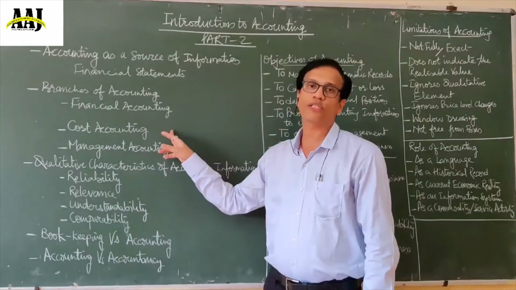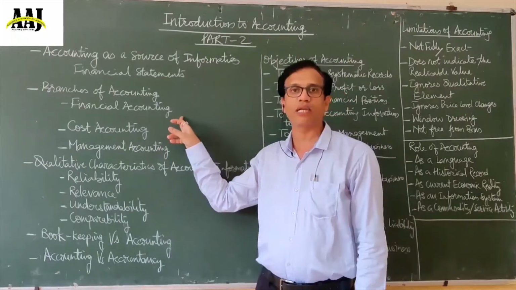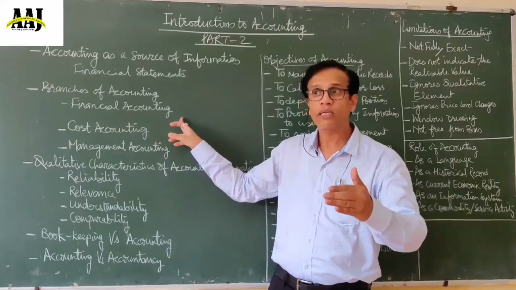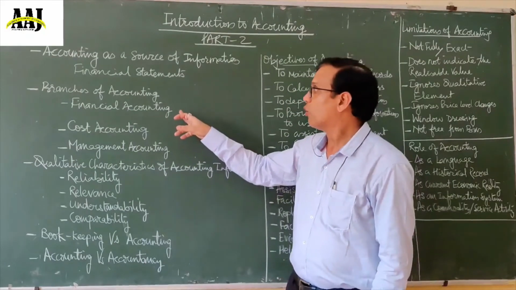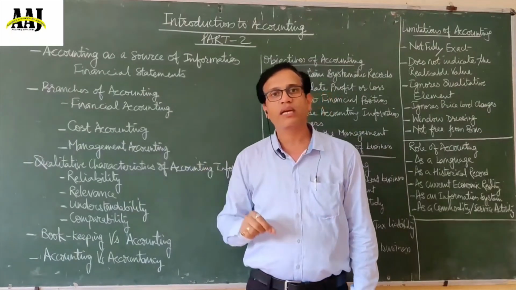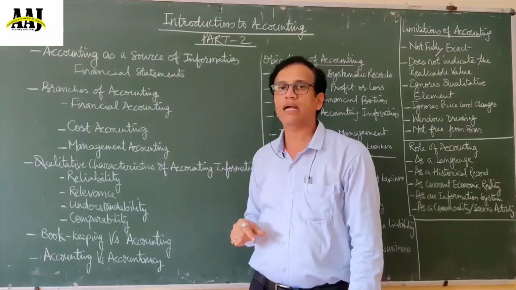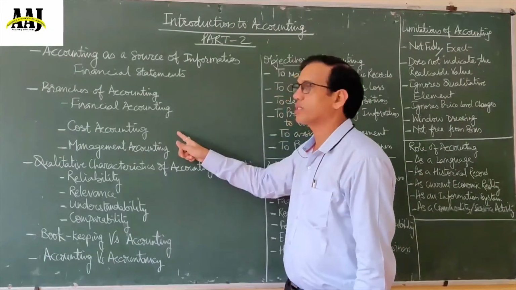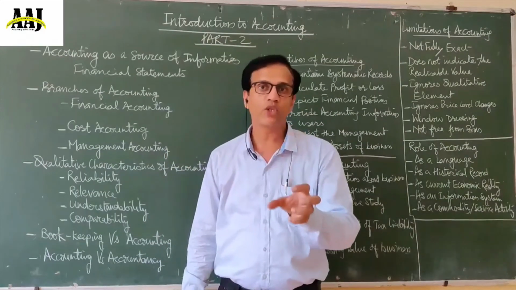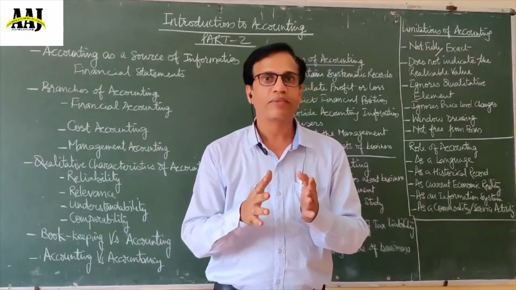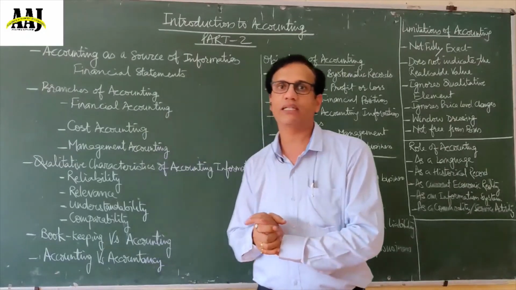Then comes cost accounting. Whatever we have recorded in financial accounting, from transaction number 1, gives us some information. All the transactions in financial accounting are recorded in chronological order, date wise. So that information is then utilized by cost accounting. Cost accounting refers to the branch of accounting in which cost related affairs are calculated.